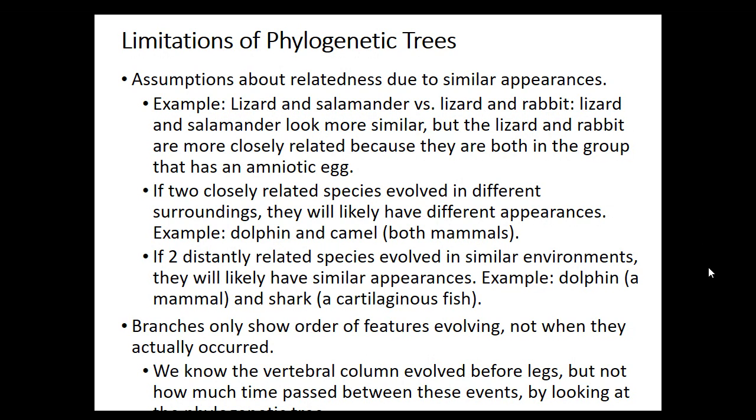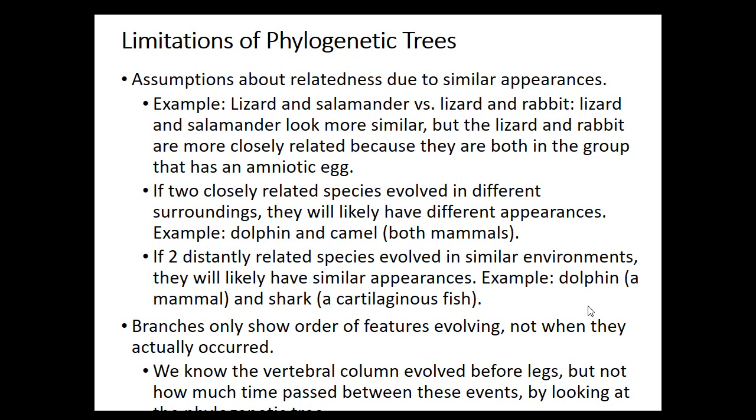Example there, dolphin and camel. They don't look anything alike. They're both mammals. They both have the characteristics of mammals. But one evolved in oceans and one evolved in deserts on land. They look a lot different.